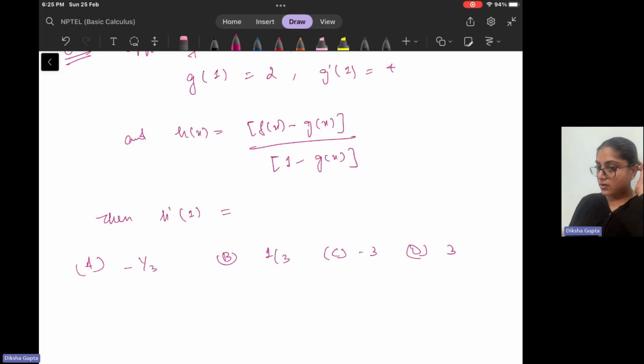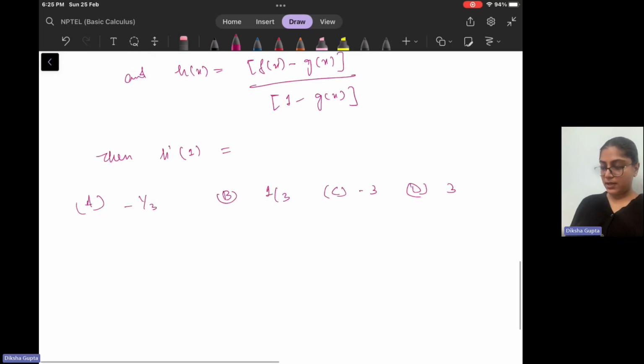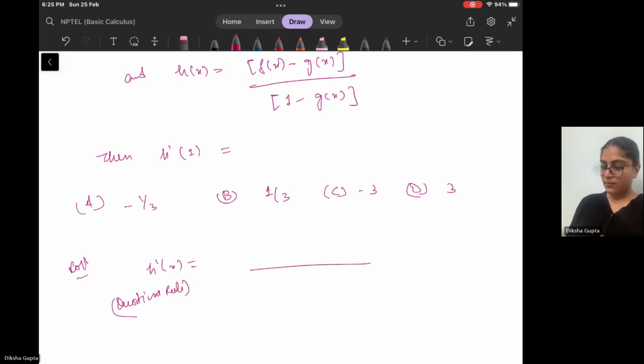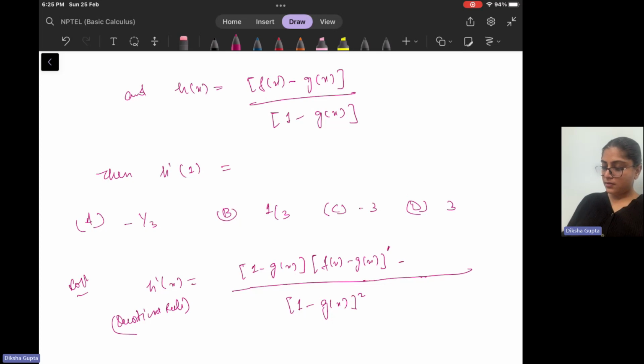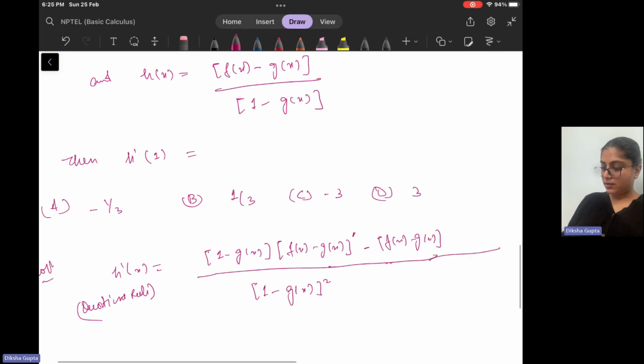So h(x) is the quotient of two functions. So you will apply what? Quotient rule. So h'(x) is, applying the quotient rule, over (1 minus g(x))². Then the denominator into the derivative of the numerator minus the numerator and the derivative of the denominator.